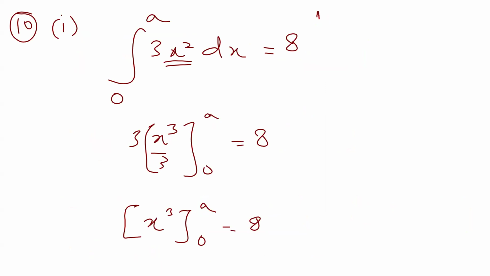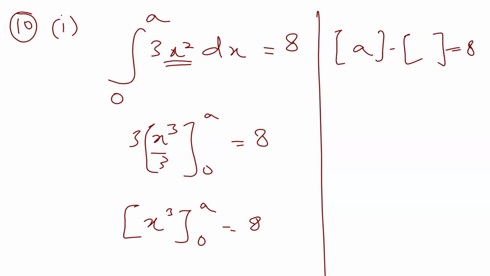Upper limit minus lower limit, so a cube minus 0 cube. So a cube is equal to 8, so a cube is equal to 2 cube. A cube minus 2 cube is equal to 0.